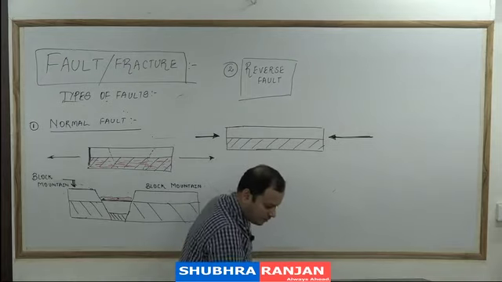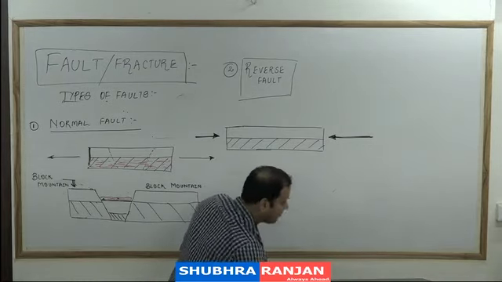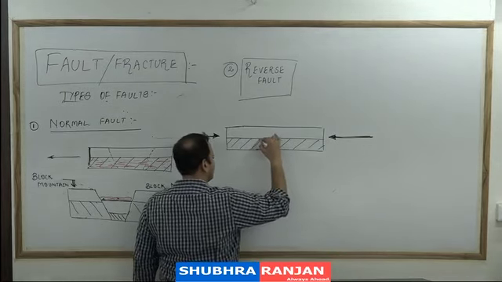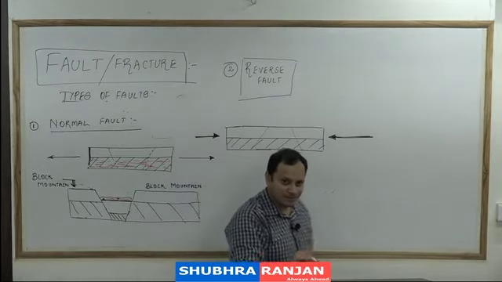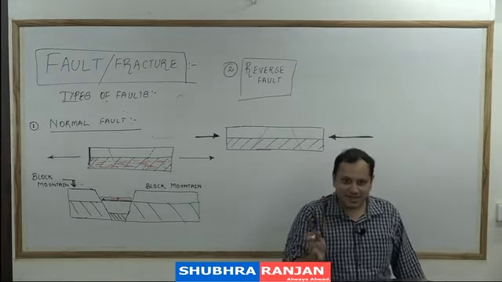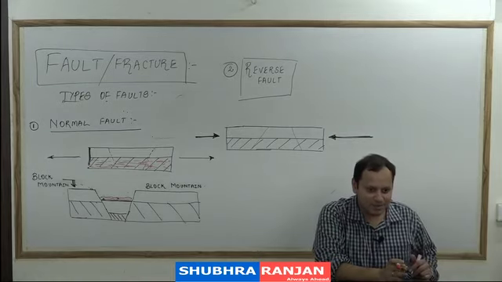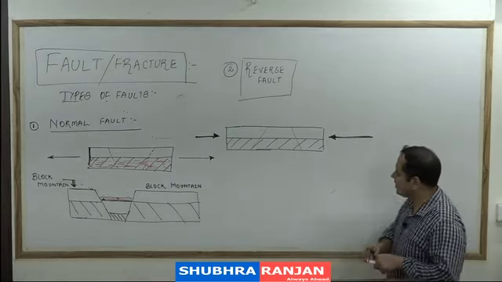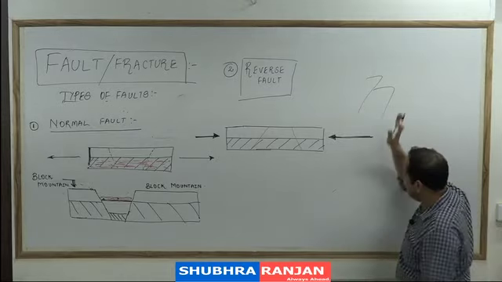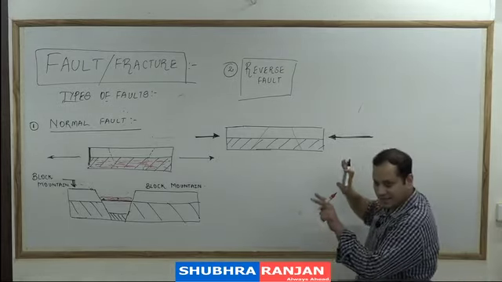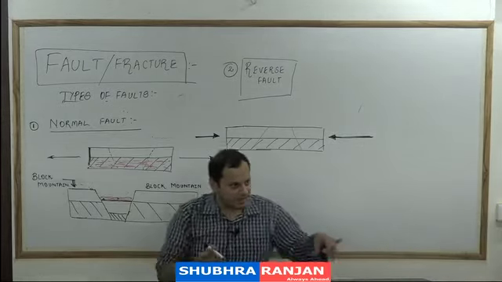And because of the compressional force, again there may be a fracture. See, you have to make these diagrams. It is not necessary that it happens like this in the world, but this is how standardization exists for the diagrams. Otherwise, if there is no standardization, you would draw anything in the exam and could call it a fault. So you have to show it by the standard, properly accepted diagrams.